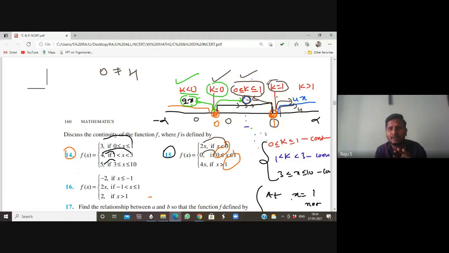So we can conclude it is not continuous at 1. For greater than 1, the fifth condition, the function is 4x, a polynomial, and every polynomial is continuous. So at 1 itself it is not continuous, other than 1 it is continuous.